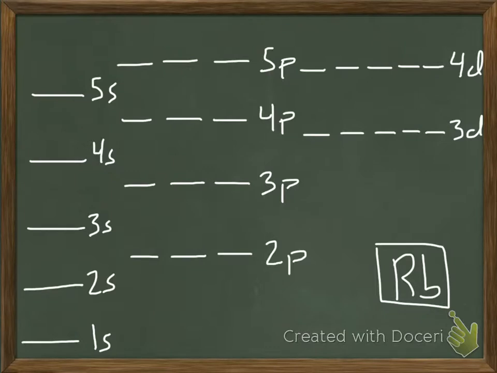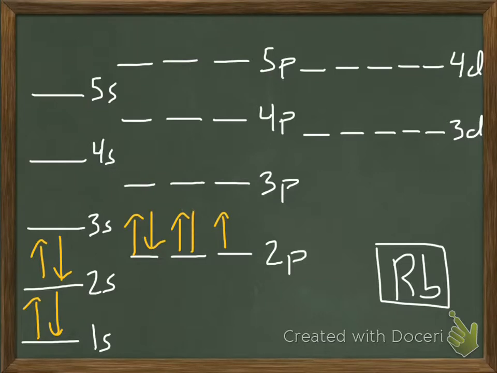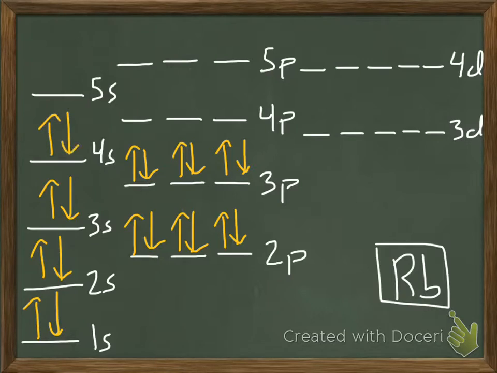Rubidium. That's a heavy one. That's number 37. 1, 2, 3, 4, 5, 6, 7, 8, 9, 10, 11, 12, 13, 14, 15, 16, 17, 18, 19, 20.